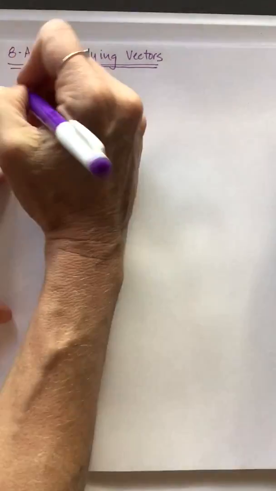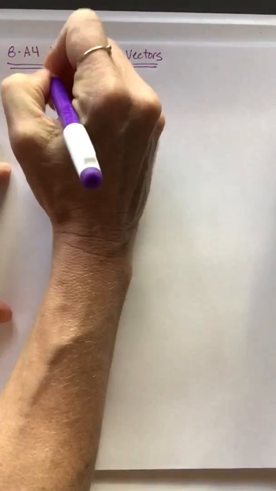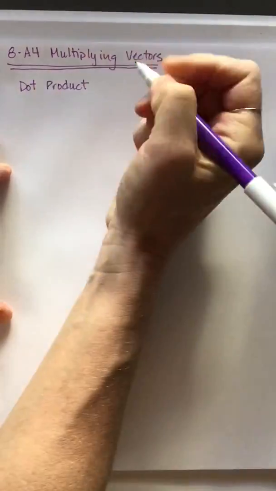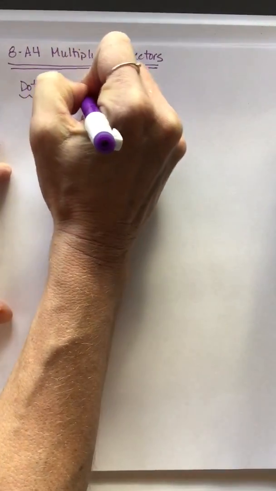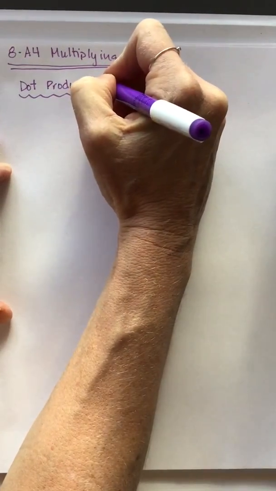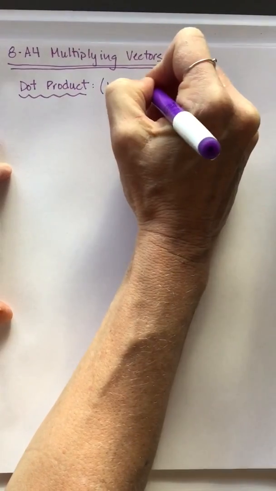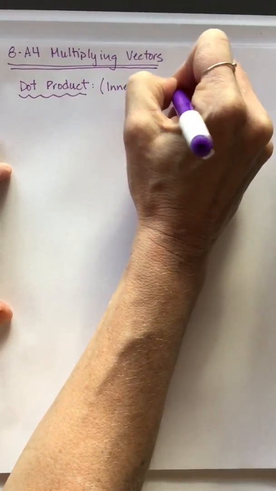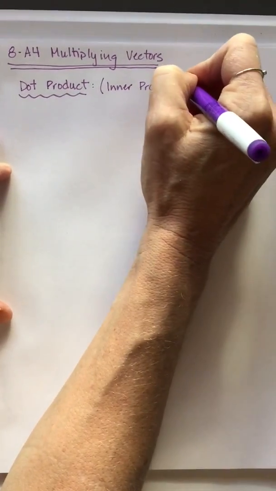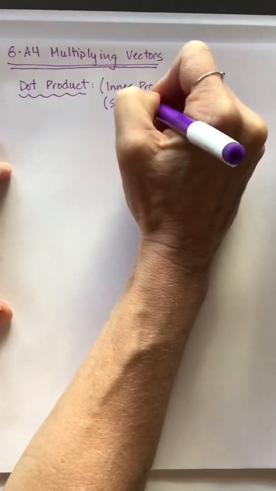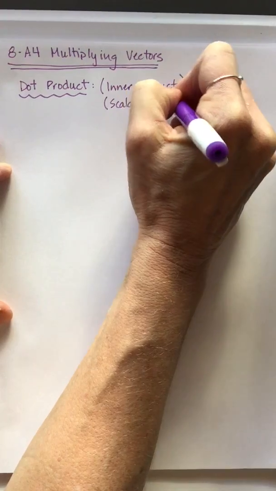So dot product is one way to multiply vectors. Sometimes it's also called inner product. Occasionally scalar product, because your answer will be a scalar or a number also.